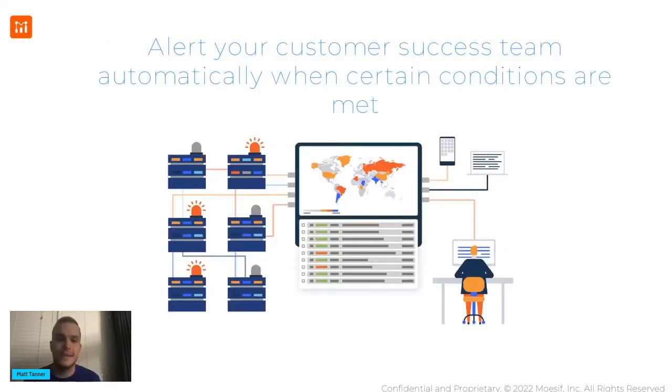And the last thing here that we'll circle around on is alerting customer success teams automatically when certain conditions are met. So as I mentioned, sometimes it's great to be able to have a customer success team that can reach out proactively and interactively help customers resolve a problem.